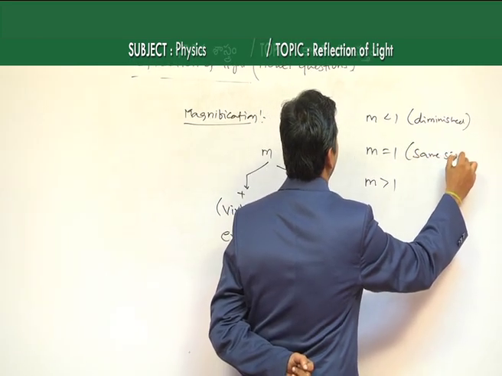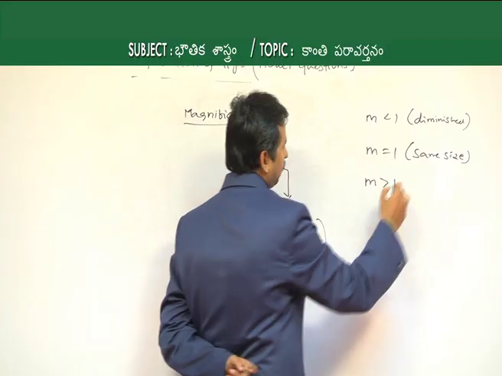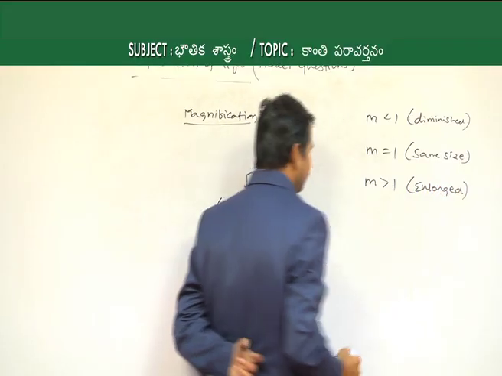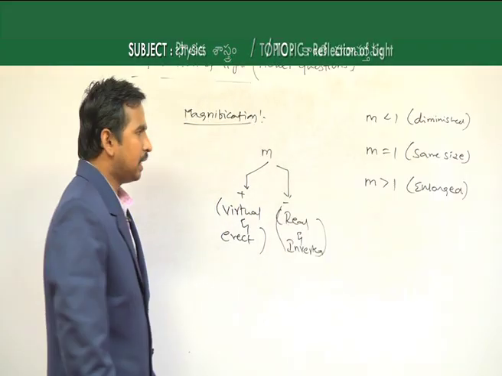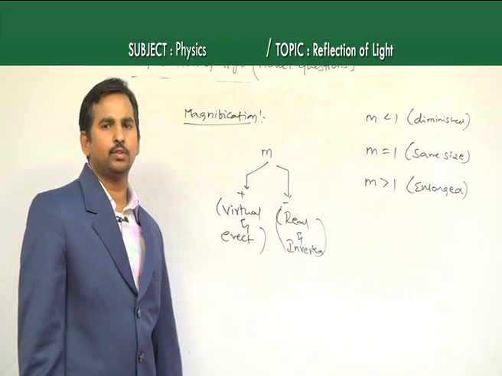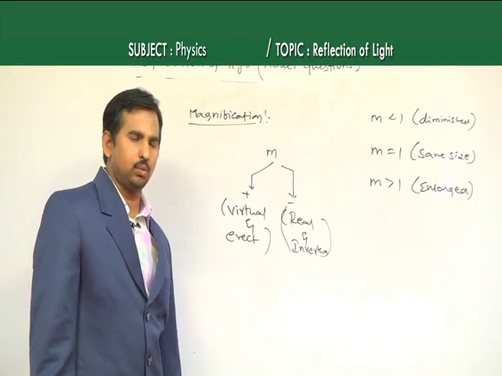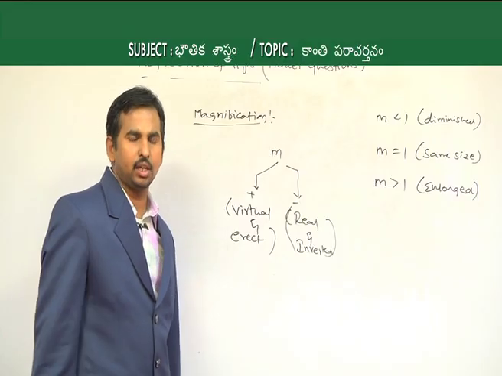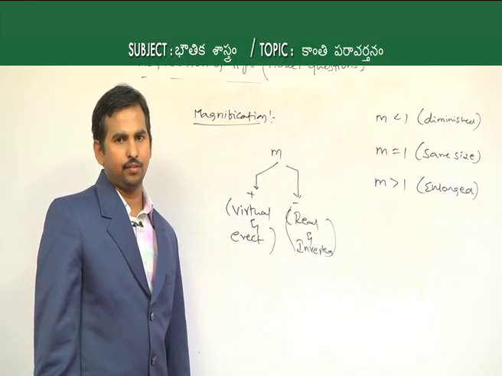And when m is greater than 1, it is called an enlarged or magnified image. So, based on the sign of m and the different values of magnification, less than 1, equal to 1 and greater than 1, different mirrors can give you different types of magnifications.